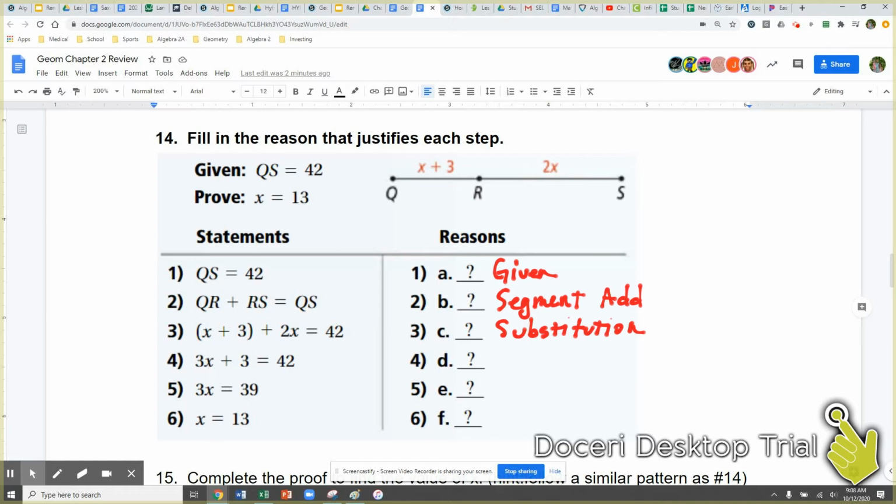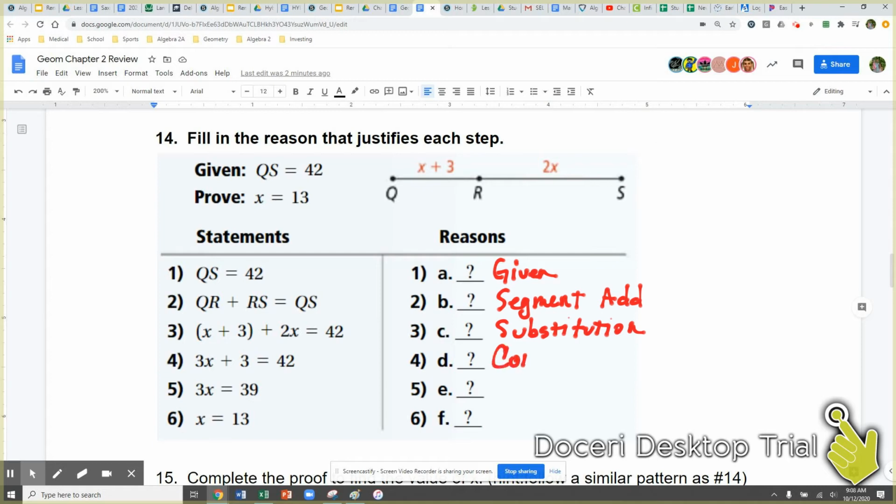Now we start getting into the algebra. In our first step, we do have parentheses, x plus 3, but there's no distributive property or anything, so I can use the associative property and add up any 2 numbers I want first. It looks like I added up x and 2x to make 3x. What do we call that when we put together those same x's?